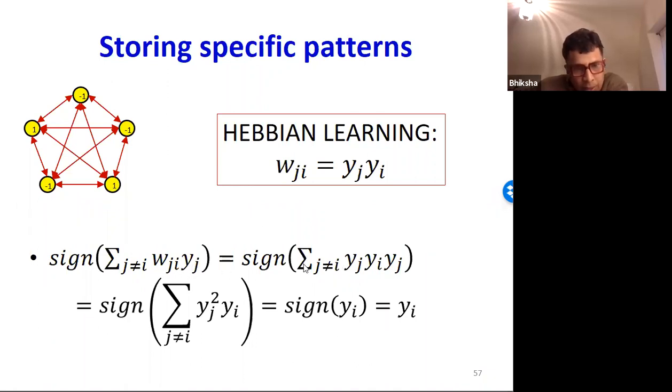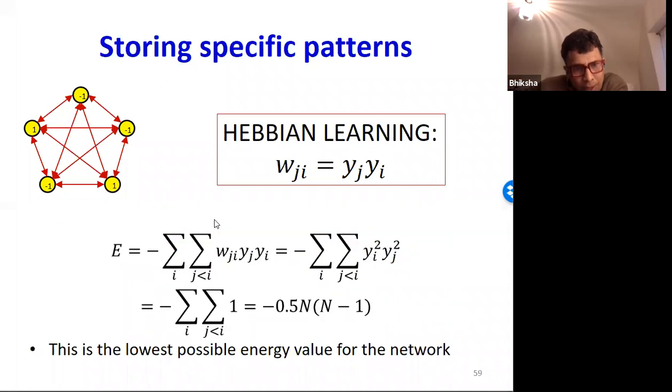And Wji is simply Yj Yi. If you work it out, you get Yj squared, which is just +1. So Yi comes out because the summation is not over i. You are left with Yi times a positive constant. So the sign of this thing is the same as sign of Yi, which is Yi. So as a result, what we found was that if we used Hebbian learning, the pattern was stable, it was stationary.